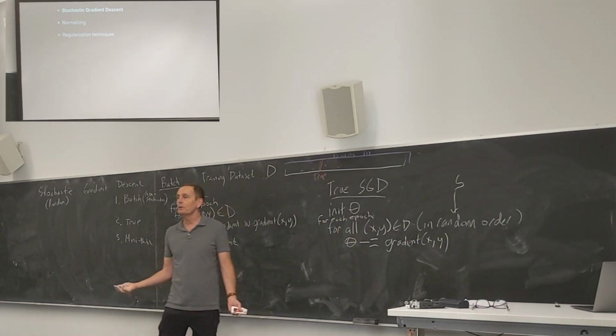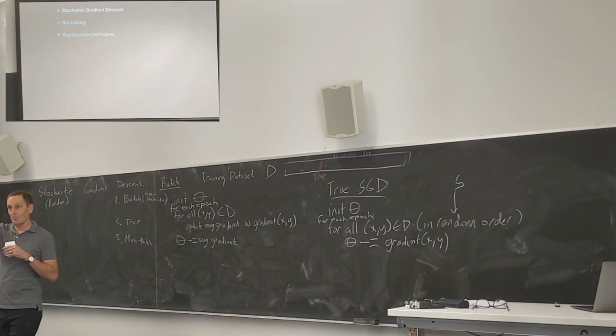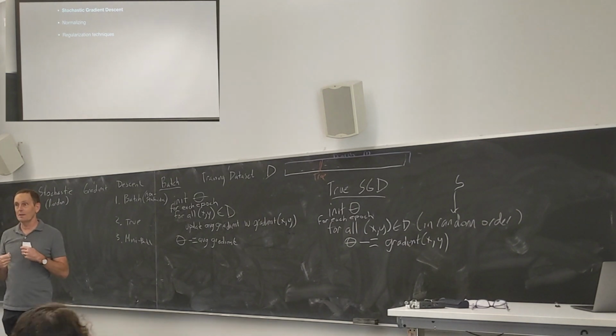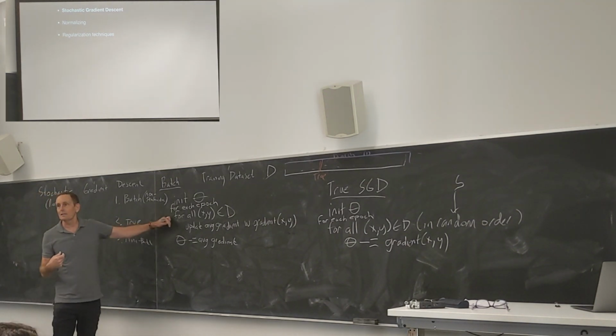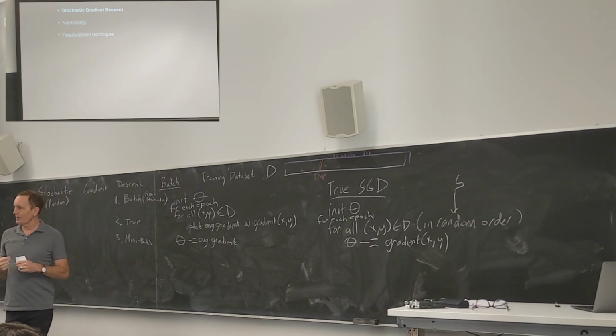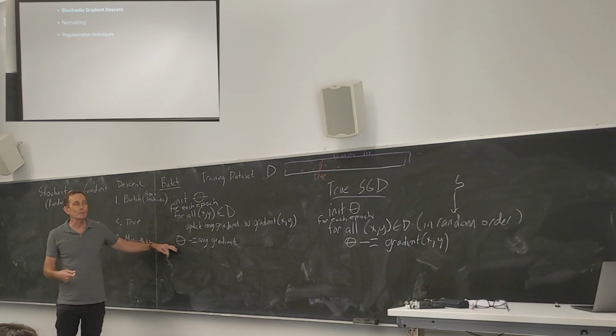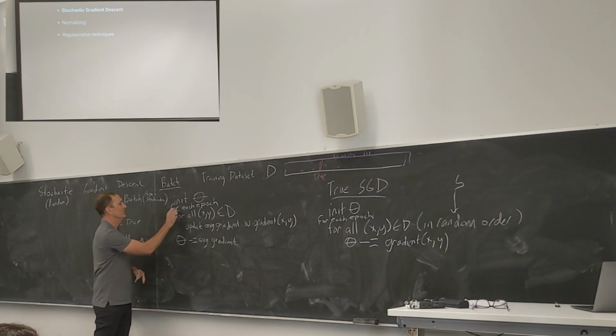So let's say we decide we're going to do 10 epochs. And we have these 3 training examples, you and Raji and me. In this case, we would go through the first epoch and say, okay, you want to go up, you want to go down, you want to go down, let's go down. And in the second epoch, we've adjusted the thetas, right? So this is part of this for each here.